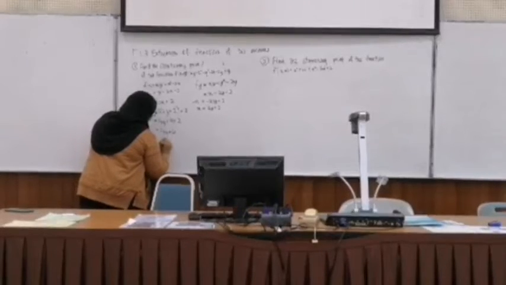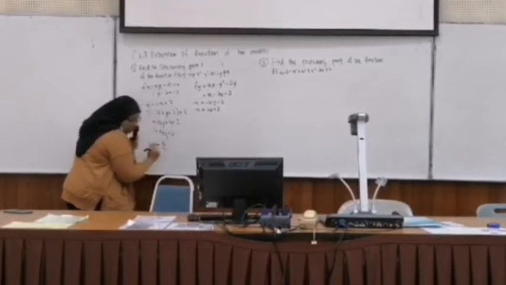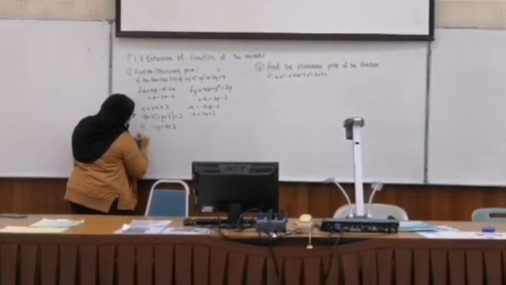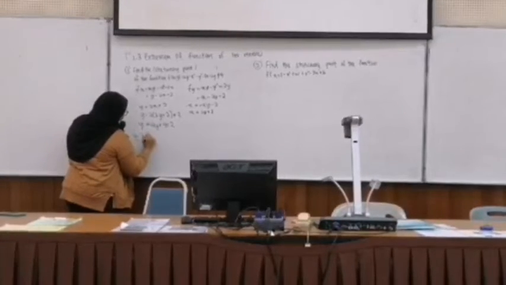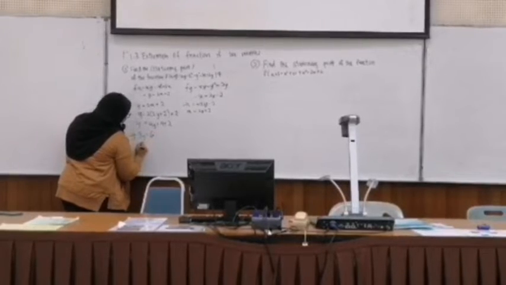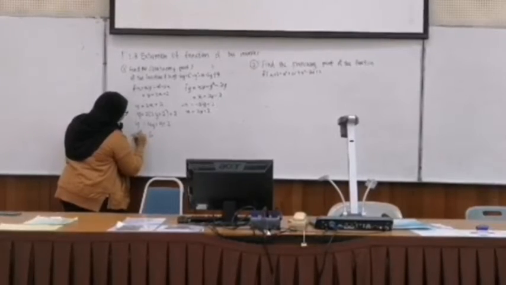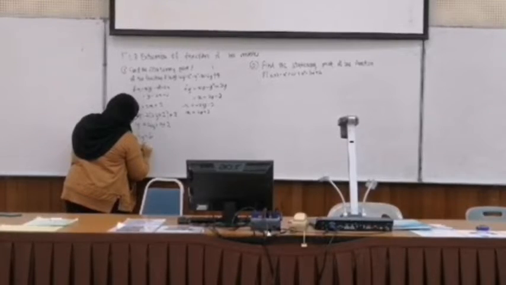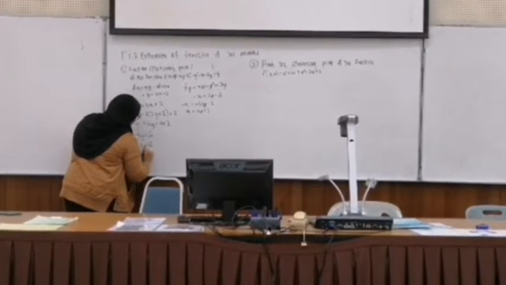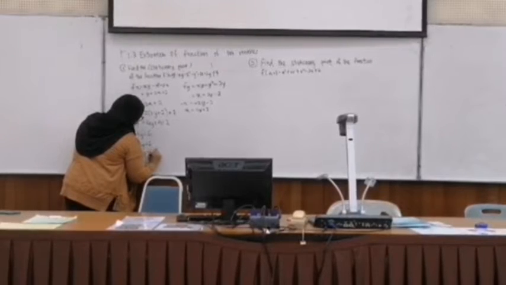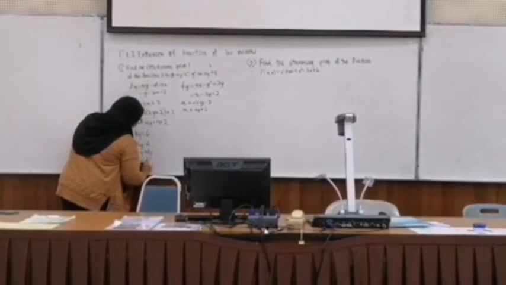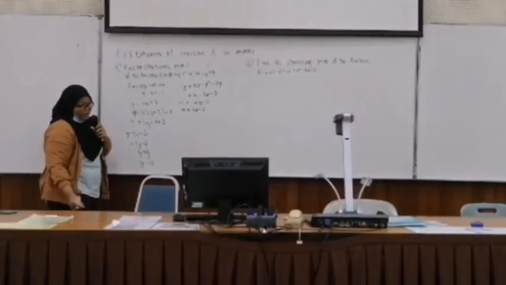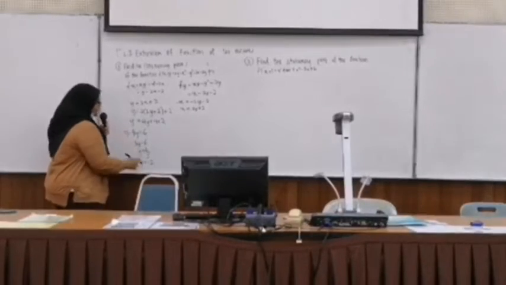So y minus 4y equal to 6, which means negative 3y equal to 6, and y equal to 6 over negative 3, y equal to negative 2. So we get the answer that y equal to -2.